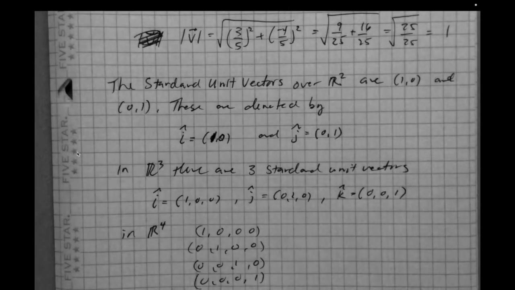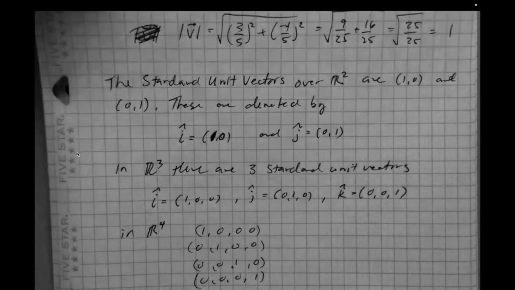The nth standard vector in Rn is going to be all zeros except for the nth position. We'll have a 1. All right. Very good. So a lot of definitions here, just trying to lay the groundwork, and then we'll start to combine some of these ideas and build on them.